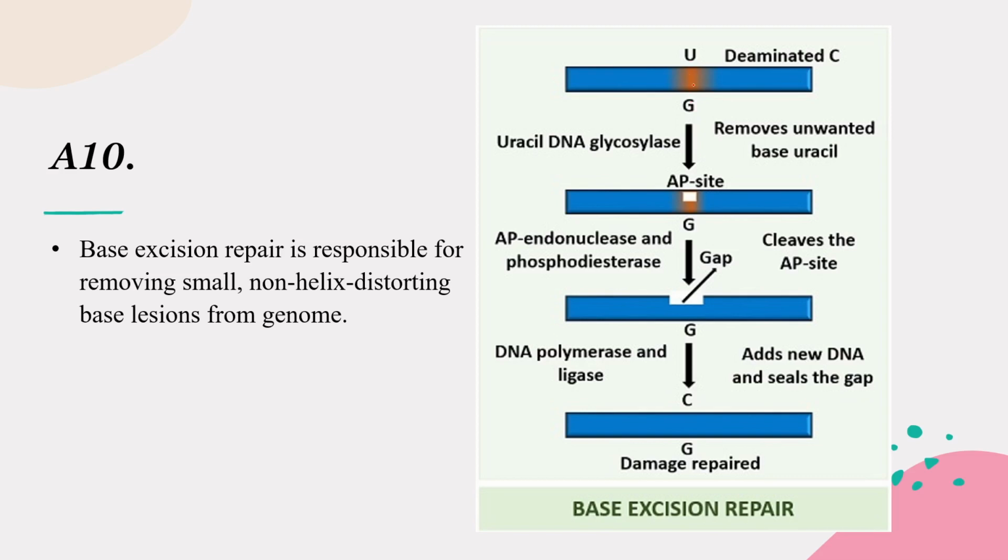That's why a lesion has been formed, and it leads to an apurinic or apyrimidinic site, and that AP endonuclease or phosphodiesterase, AP meaning apurinic or apyrimidinic, will just cut the phosphodiester bond and cleave the AP site, and DNA polymerase and ligase will add new DNA and seal the gap. So now the damage has been repaired, and it's a simple base excision repair mechanism.